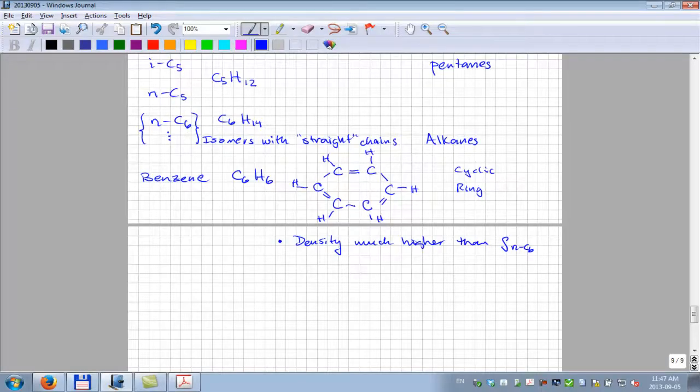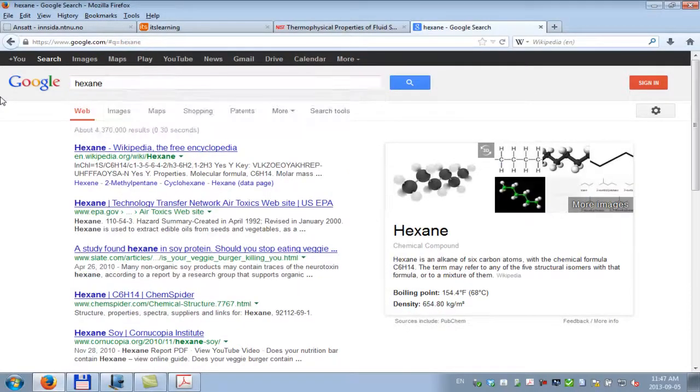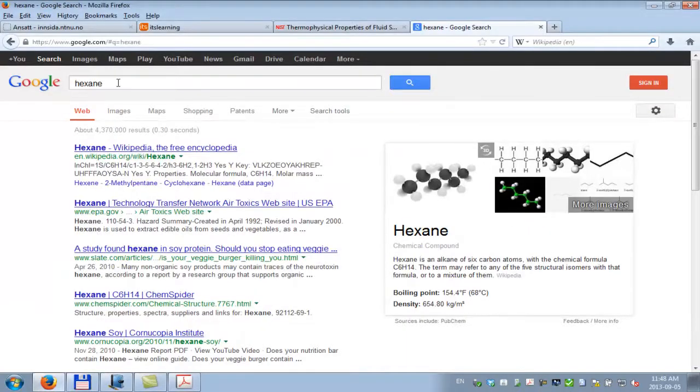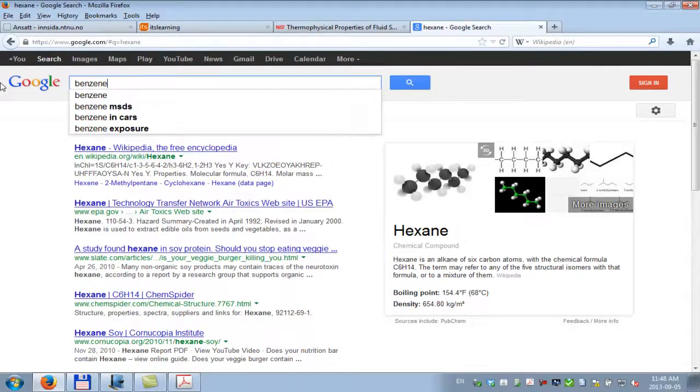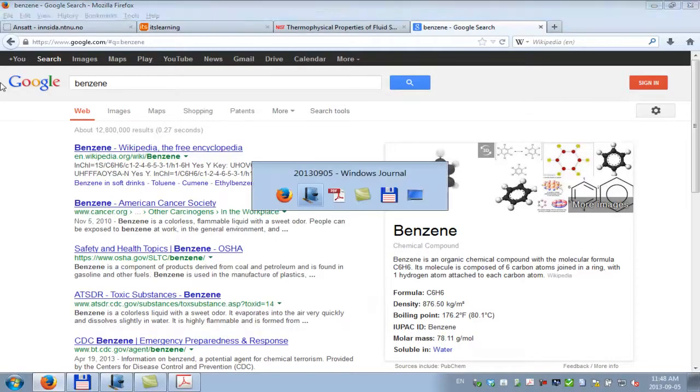So let's take a look at that. Let's look up the densities. Hexane: density 655 kilograms per cubic meter. So we'll put this down, 655 kilograms per cubic meter, and make sure Curtis is not selling you a line. Benzene: 875 kilograms per cubic meter.